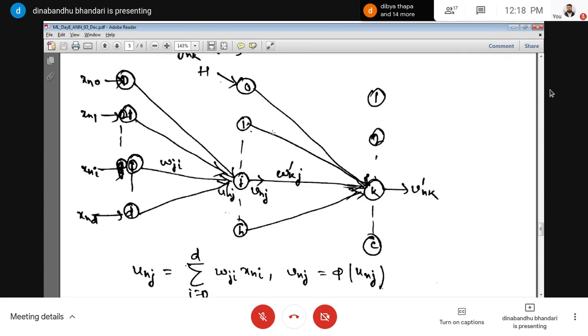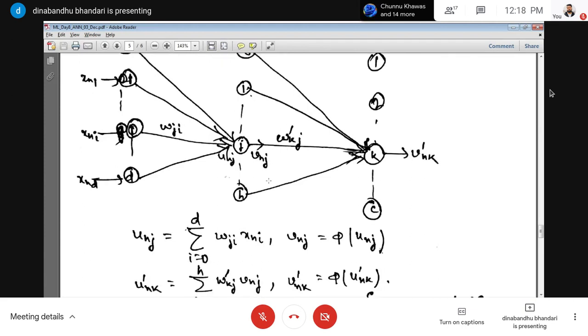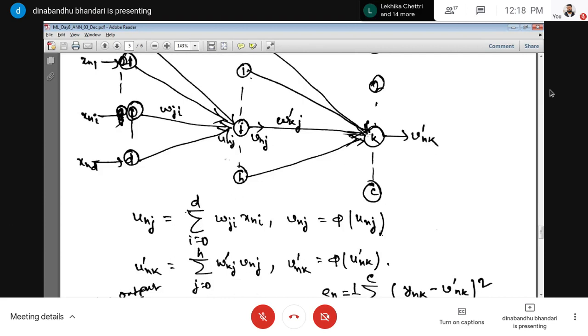So this 1 to h will receive input from the input nodes, but this one we have introduced for the bias node. Okay, so this j varies from 1 to h. Now what would be the v_nj? The same phi nonlinear transformation will give, and these values will be 0 to 1. Okay, and then this u dash_nk.